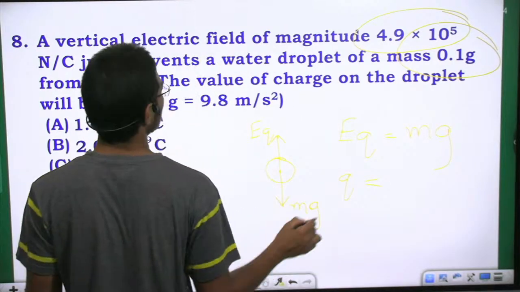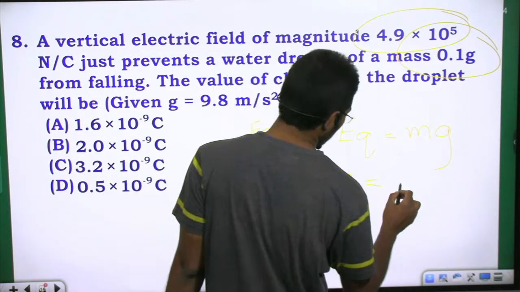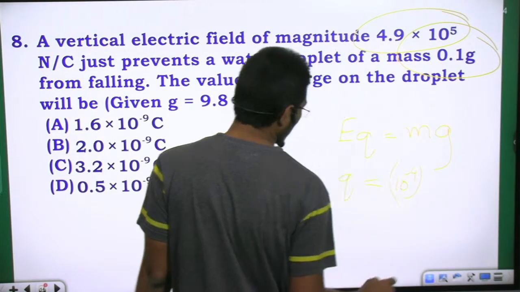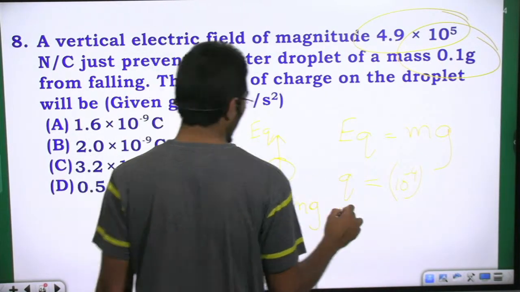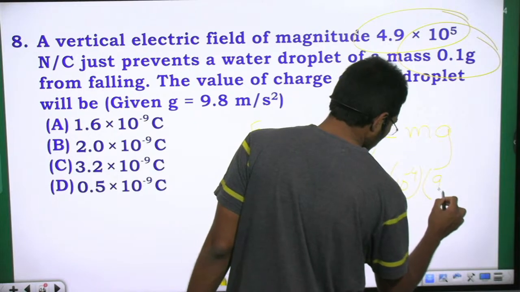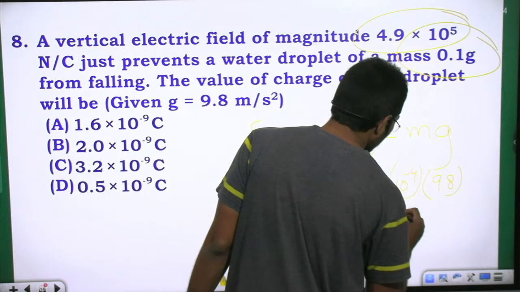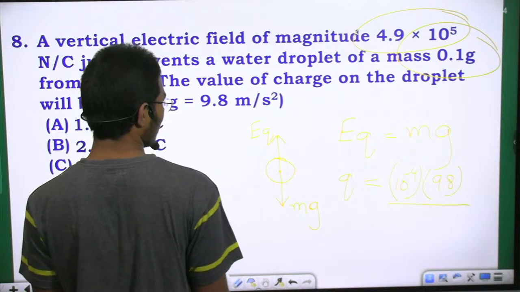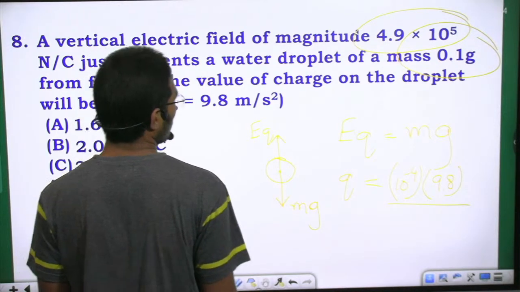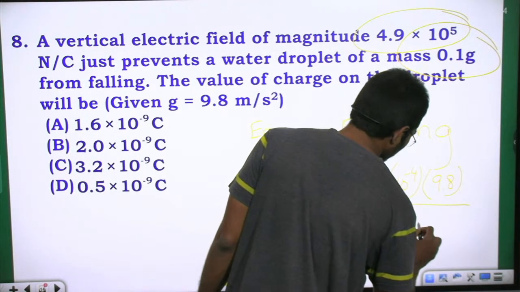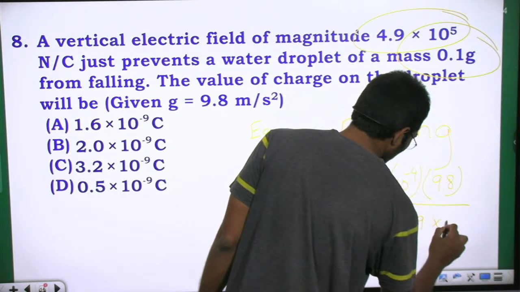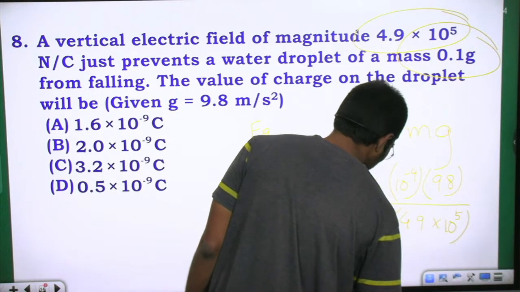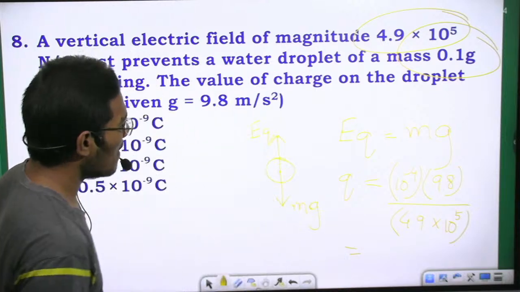So what is Q? Straightforward question. Mass 0.1 grams is 10 power minus 4 in terms of kg, okay? g is 9.8. Q is mg by E, with E as 4.9 into 10 power 5, right?